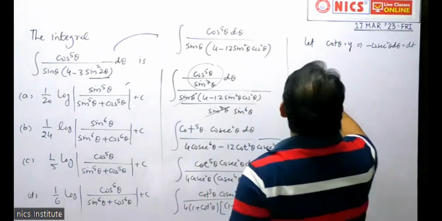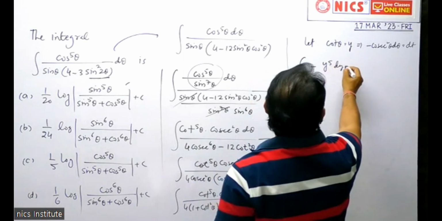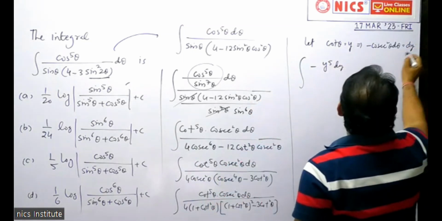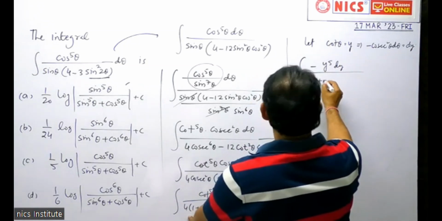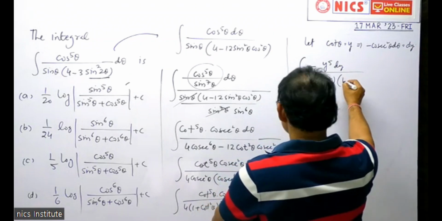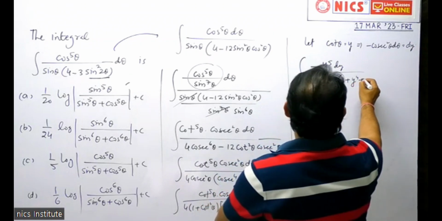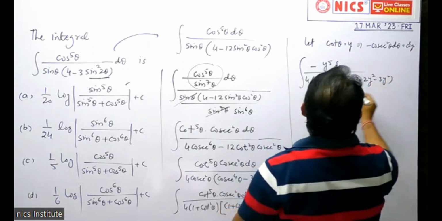With the substitution, the integral will become minus y to the power 5 dy divided by 4 into 1 plus y square. I open this: 1 plus y to the power 4 plus 2y square minus 3y square.